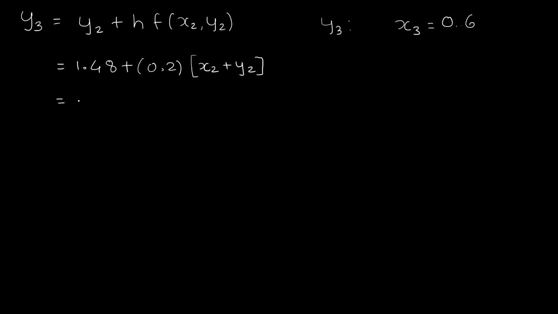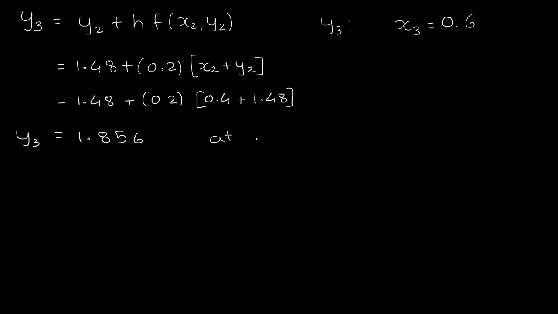So this becomes 1.48 plus 0.2 times x2, which is 0.4, plus y2, which we just found, 1.48. If you solve this, you will get y3 equal to 1.856 at x3 equal to 0.6.